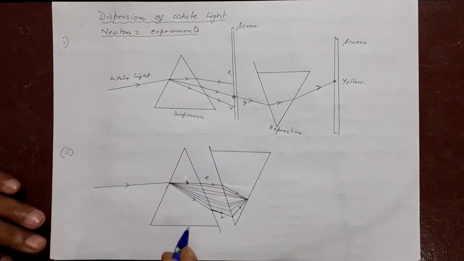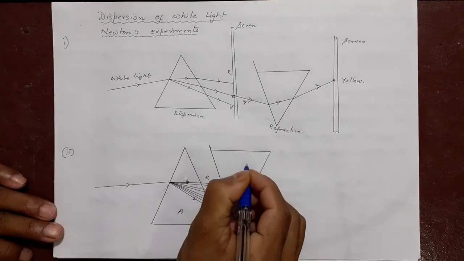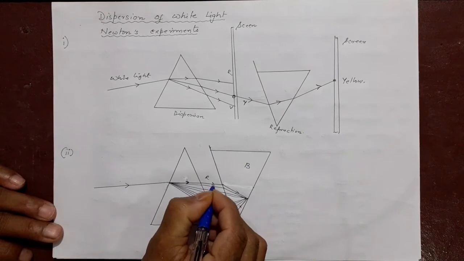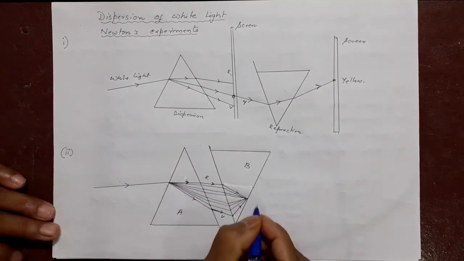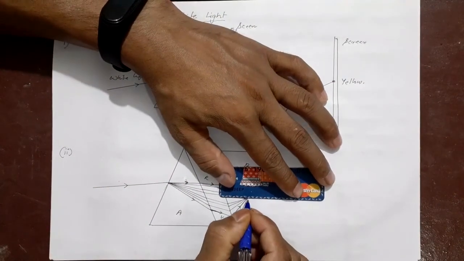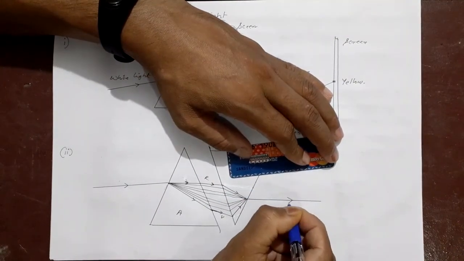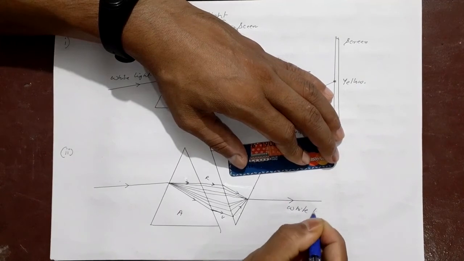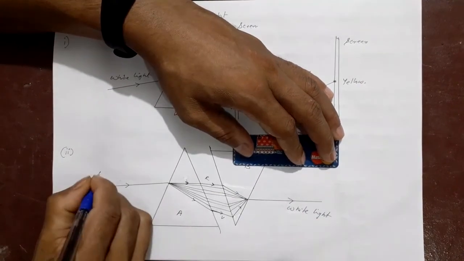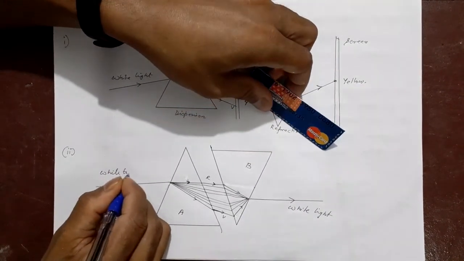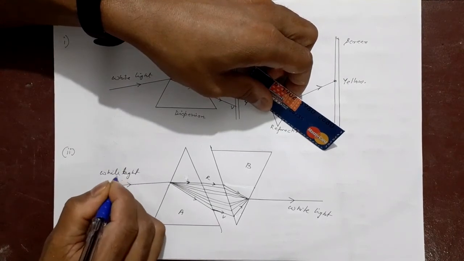This prism is A, this prism is B. Here it is red color on the top, violet color at the bottom, and when it is coming out from here, it is coming out again white light. Here it was white light.